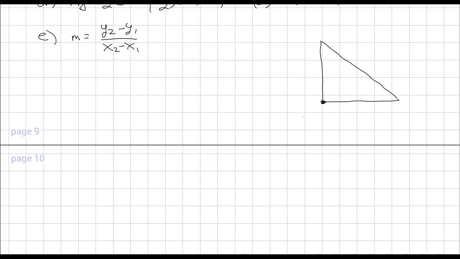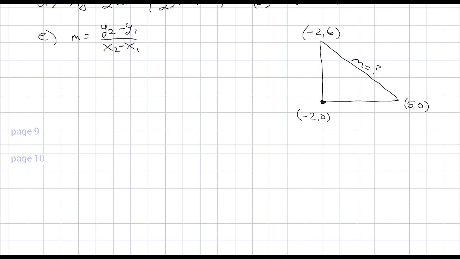So this coordinate is -2, 0. This is -2, 6. And this is 5, 0. Alright, so we're looking for the slope of this line here. Not the length of it, just the slope of it for the moment.